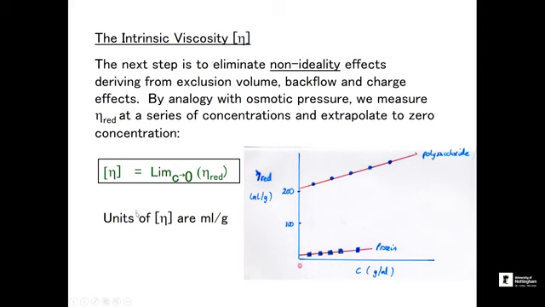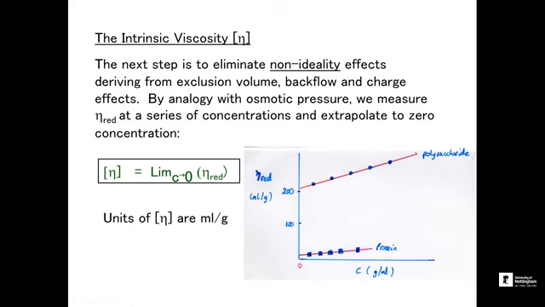That means the intrinsic viscosity. Its units are the same as reduced viscosity, just mL per gram. We call it the intrinsic viscosity because it no longer depends on concentration and these other effects. It just depends on the intrinsic, or the own properties of the molecule, its size and shape.